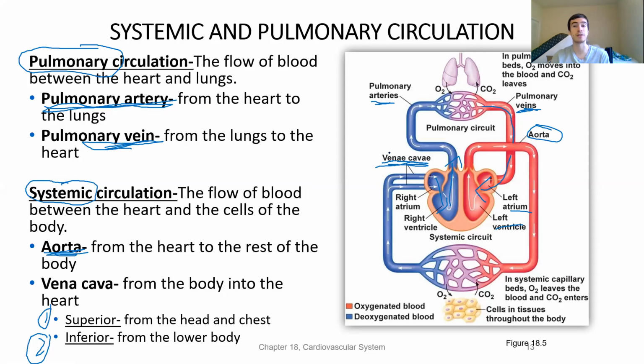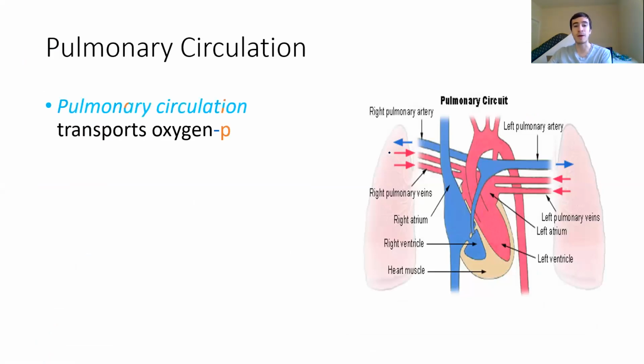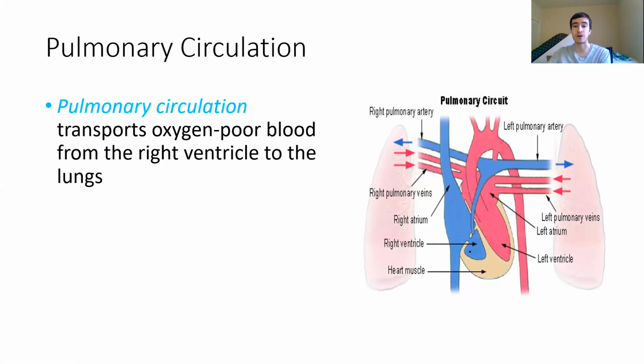So this is how blood gets cycled around your body. From the body, into the heart, into the pulmonary arteries, through the lungs, into the pulmonary veins, back into the heart, and then out through the aorta to the rest of the body. So again, the pulmonary circuit, it's all about coming from the right side of the heart here, our right ventricle.